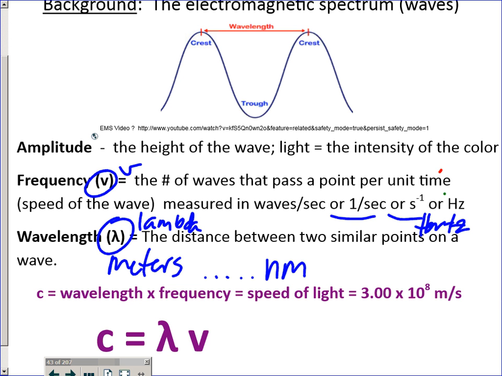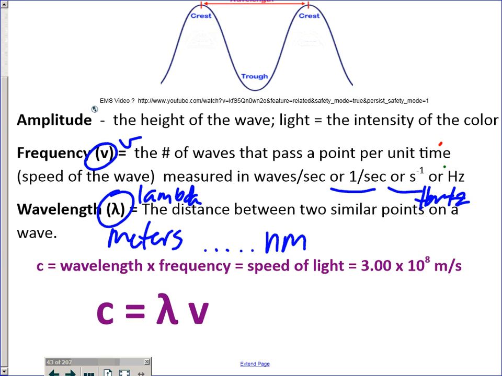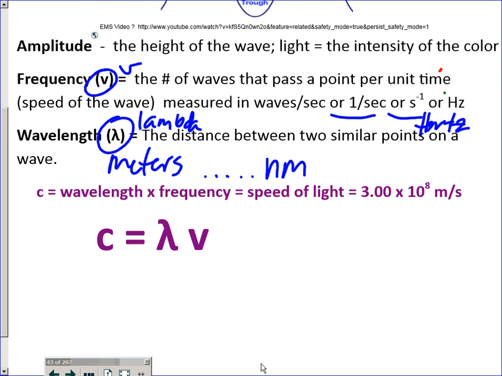Yes, this is a scientist, and guess what? He had named a unit after himself. So the unit is hertz. Lastly is amplitude. We will not be really calculating with amplitude though. It just simply gives us an indication of how intense the wave is. So if it's like a dark burgundy red or if it's a pinky red, that would give us intensity of color differences.